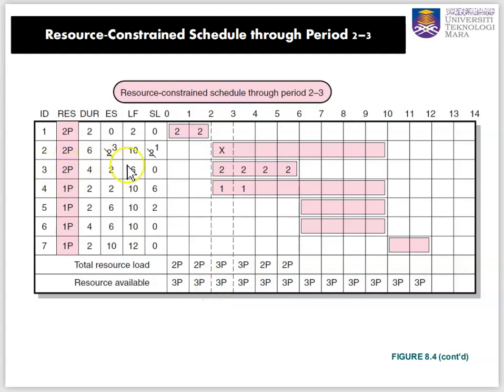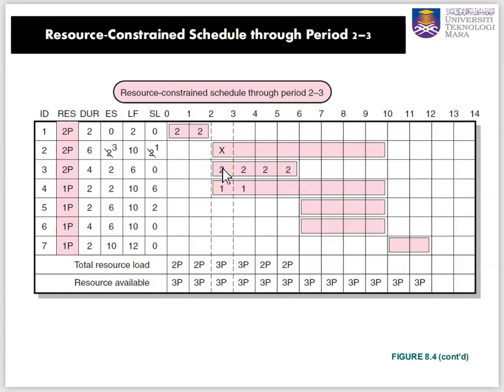So if we look into the slack, we have to choose the minimum slack first. So of course we choose activity 3 for 4 days because it doesn't have any slack. It's on a critical path. And using a heuristic method, a rule of thumb, the minimum number of slack is chosen.